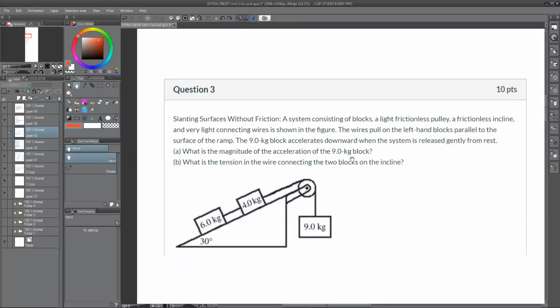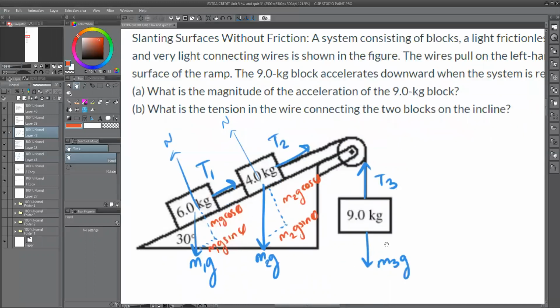Now, I will be honest in saying I don't think I did this question right. This is just how I did the question. So first we need to understand that the tension going up from this block is equivalent to m3 g because they are equivalent forces, but it is accelerating downward.